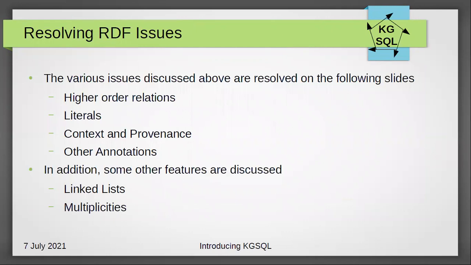Okay, so how does this resolve these RDF issues that I raised? What I'm going to do in the next few slides is explain how it resolves these issues. And in addition, I'm going to show some other new features that KGSQL has that go beyond anything that you might have in RDF.